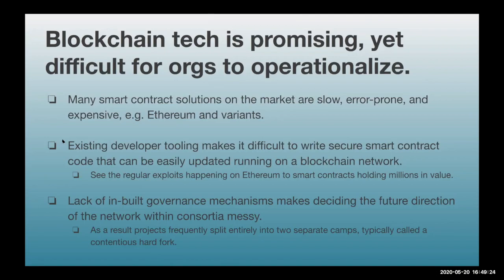Examples of this being Bitcoin and Bitcoin Cash, and then Bitcoin Cash and Bitcoin Satoshi's Vision, and Ethereum and Ethereum Classic. And more recently, this is probably the most interesting contentious hard fork for me, Steem and Hive, which was the first contentious hard fork of the DPoS network.